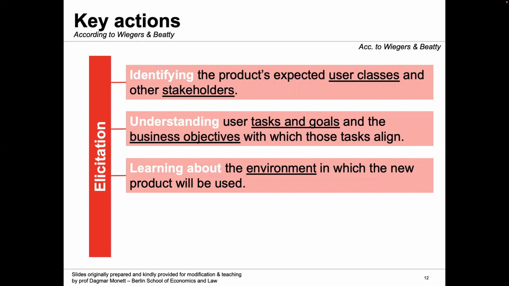Now, it's really important that you learn in your elicitation stage what is the environment in which those farmers will be using that system. For example, the farmers may not be comfortable with the idea of using technology in their farming, because Bangladesh being an agrarian country, they have had these centuries-old farming techniques going on for a long time.